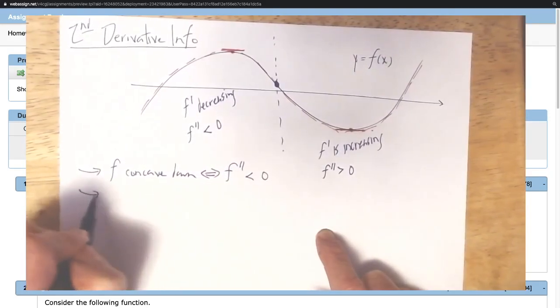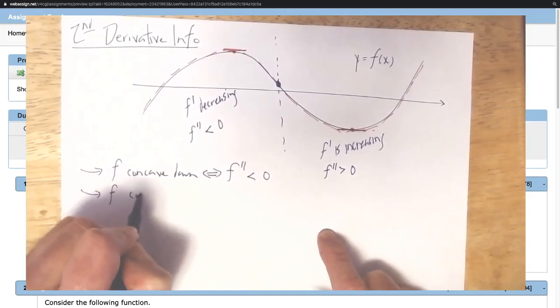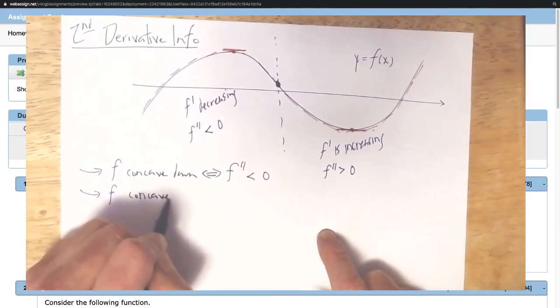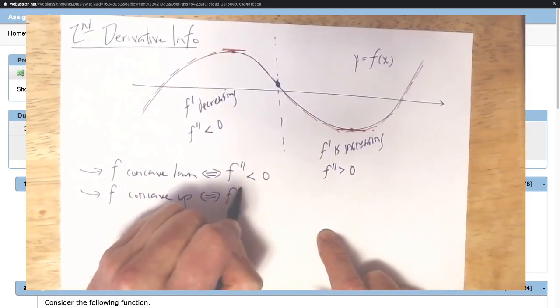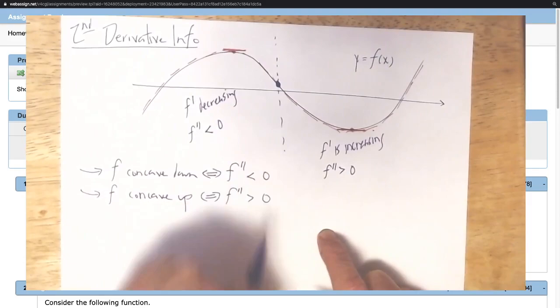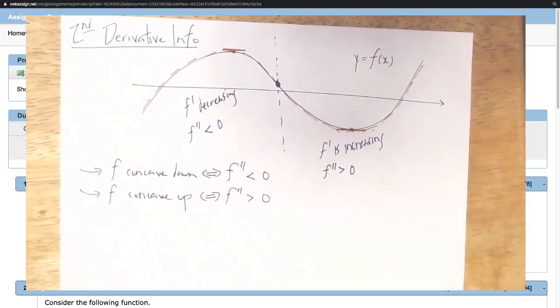And f is concave up if the second derivative is positive. And so that's a really nice way of seeing whether a function has that concave up or concave down shape by just looking at the second derivative.